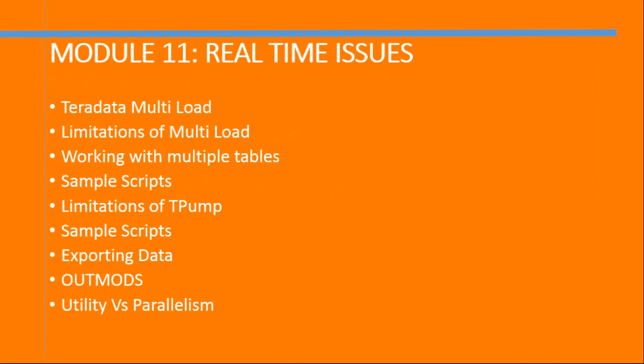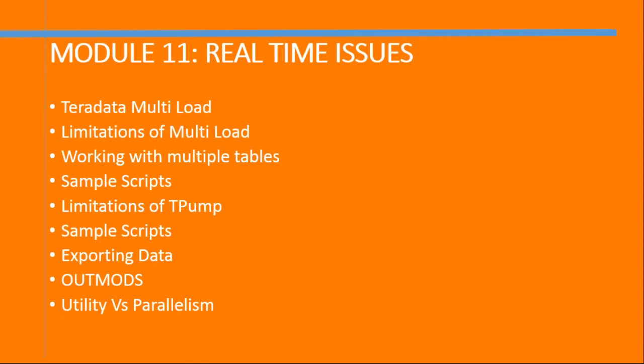The last module in this training is real-time issues. We are focusing on the real-time issues that most organizations will face, and what could be the resolution and what could be the action point in case any such failures or issues happen.